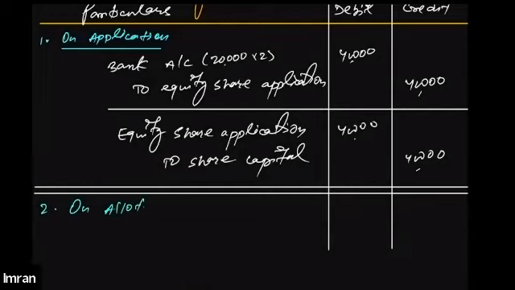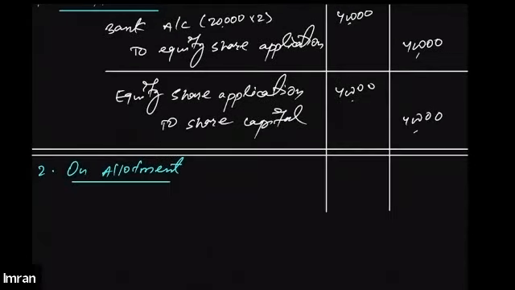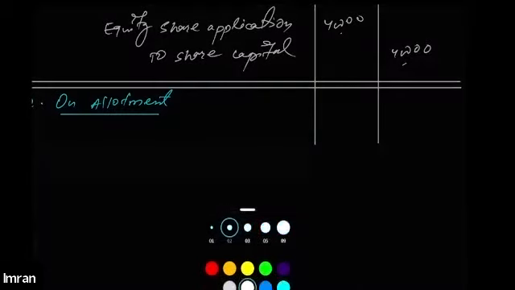Okay, then we'll do the journal entry for the allotment. On allotment, we need to pass the journal entry for making it due first, and then for collecting the allotment amount.